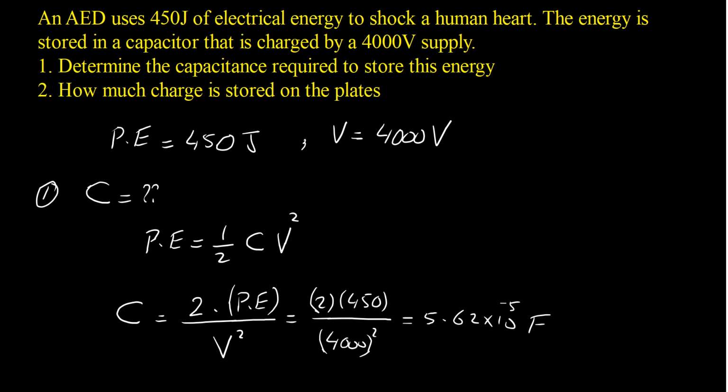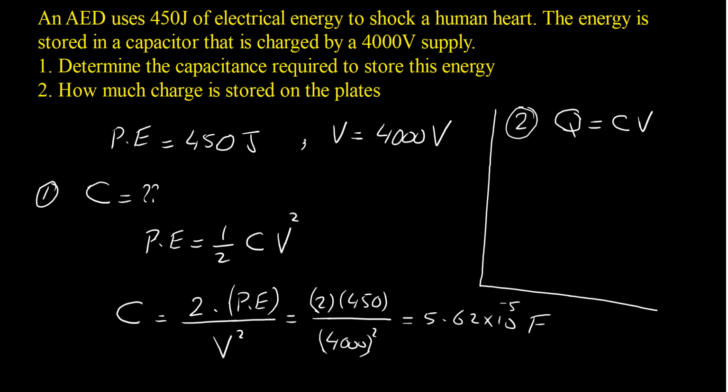Now for the second part, it's asking how much is the charge stored in the plates. Well, now I have the capacitance, I have the voltage, so I can say, all right, the charge equals the capacitance multiplied by the voltage.